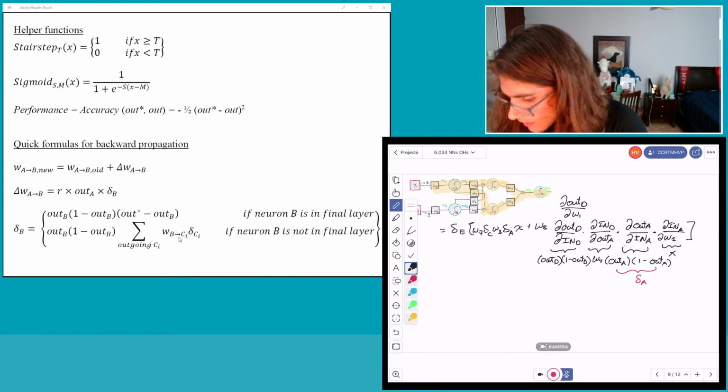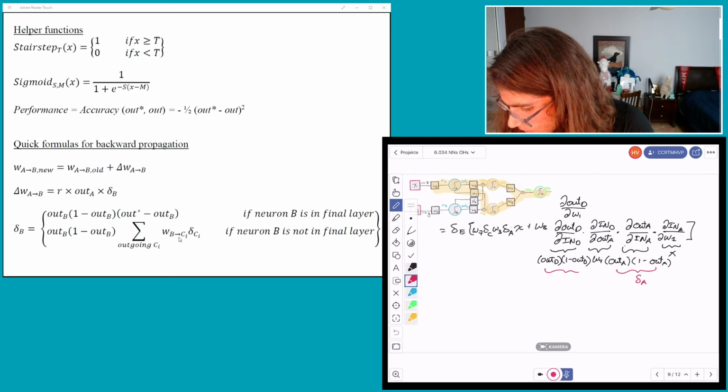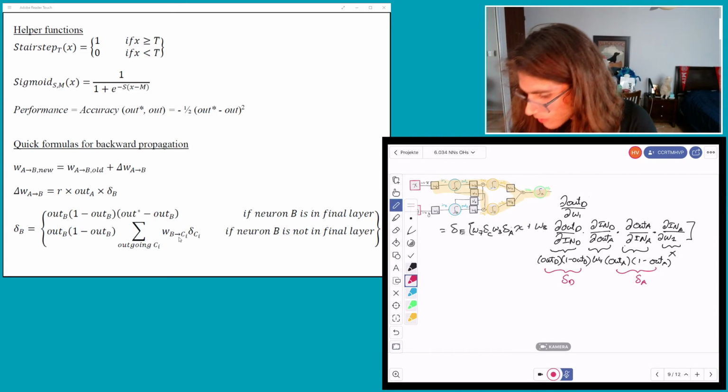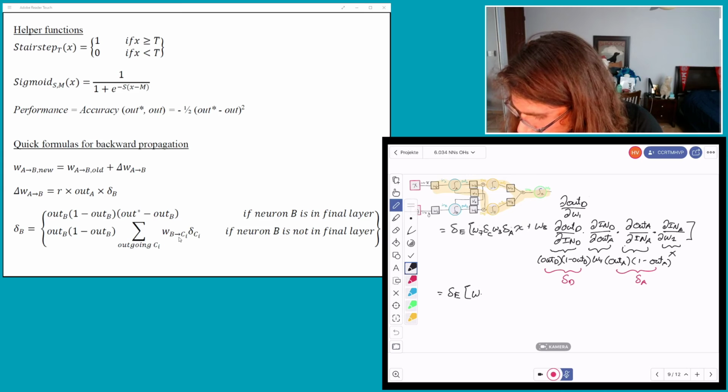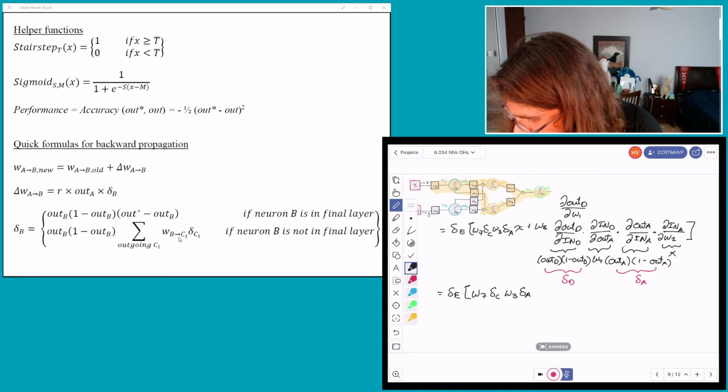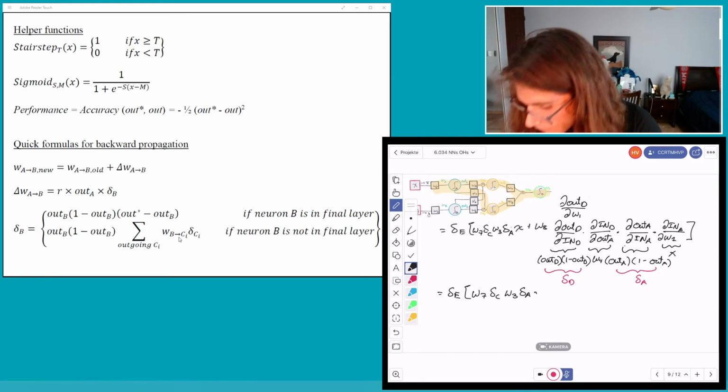Okay, and I'm going to use this notation again. And what I end up with at the very end is delta E, W7, delta C, W3, delta A times X, but I'm going to factor X out.